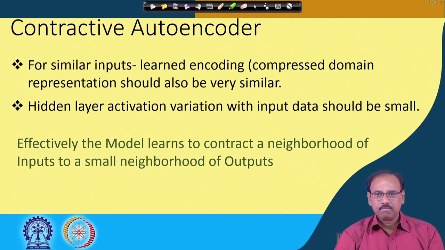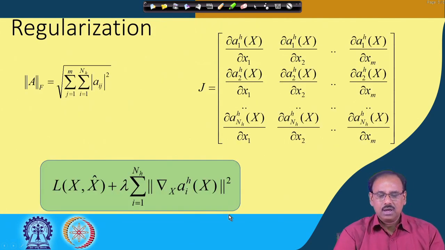And as we are saying, the kind of regularization that we should impose in case of a contractive autoencoder is that the variation of the hidden layer activation should be small with respect to the input data. And that can be imposed by introducing a regularization.